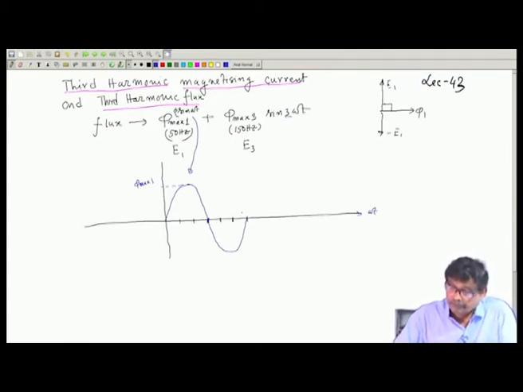So, how will it look? It will be like this. So, the third harmonic component, if I sketch it, will be like this.